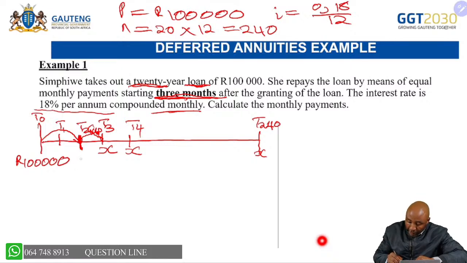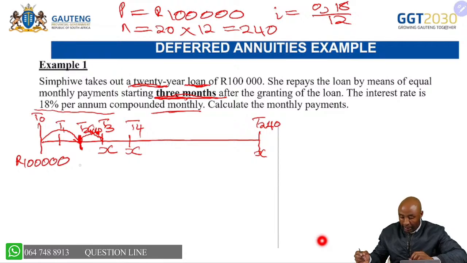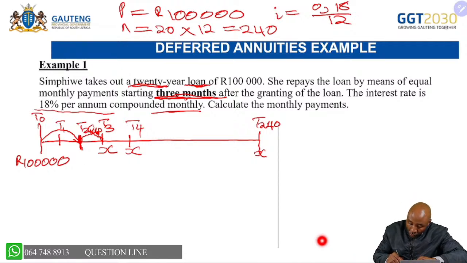That will give us the new loan amount. If we use the compound interest formula, our principal amount becomes 100,000. Our interest is 0.18 over 12. And then we calculate our new loan amount at T2, which is at the 2nd month, because we leave a gap before we start paying at T3.